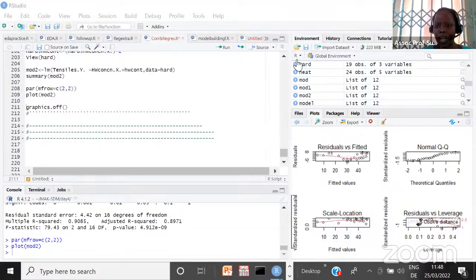Okay, I'm going to stop sharing first. I want to see why I can't zoom in. Let me stop this one and then go back.